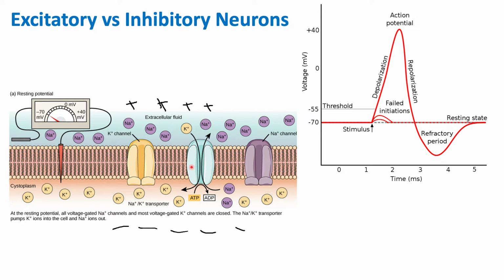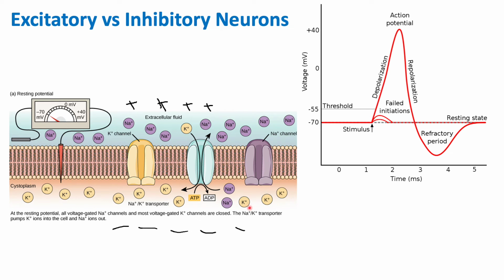Now, if we receive some sort of an excitatory effect to our postsynaptic neuron, that means that we have an action potential occurring. So that means that the signal is strong enough and we surpass the threshold and we have this depolarization event. Now, this depolarization event is defined as sodium rushing in, because remember, during our depolarization event, the sodium channels will open up, and since there's a very high concentration of sodium on the outside of the cell, the sodium is going to rush in and move along its concentration gradient.